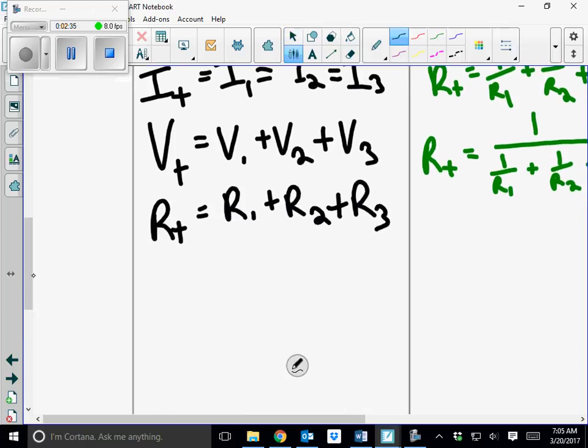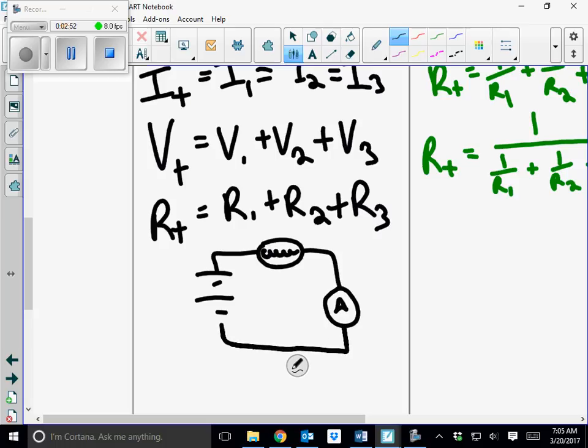So when I have a battery, and let's say I want to measure a lamp, I put the ammeter in series. That's why we put the ammeter in series: so that the current doesn't change.